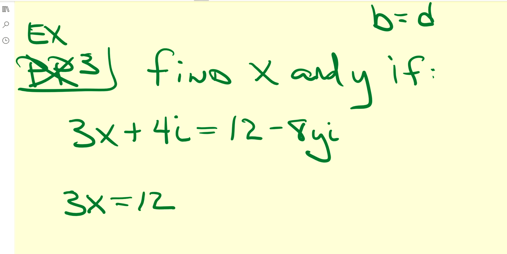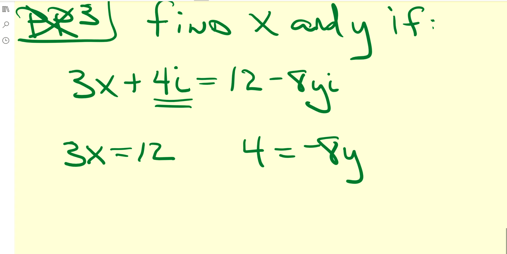Okay, that's the real part. Then I'm going to pair up the imaginary part, and that's going to be 4 equals negative 8y. And notice I'm leaving the i out. If I left the i's in, they just cancel out anyway, but we want the imaginary part. And this is what it's going to look like.